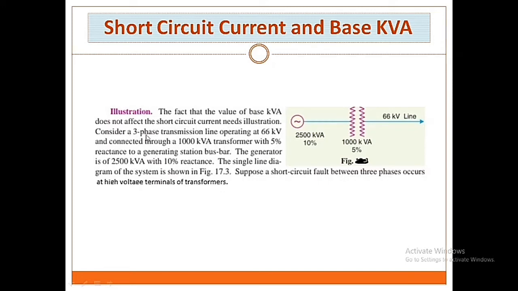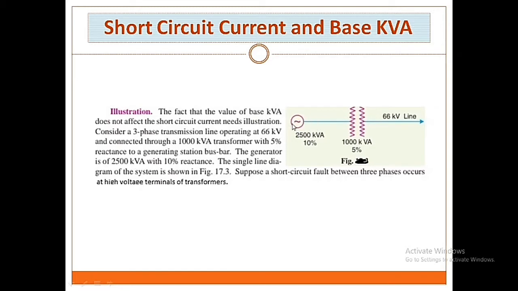Consider a three-phase transmission line operating at 66 kV and connected through a 1000 kVA transformer with 5% reactance to a generating station bus bar.